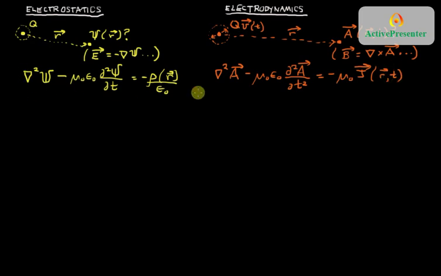So these four equations, remember these are three equations because it's for a vector, these are Maxwell's equations. So they equally dictate what to do in this problem and what to do in this problem.